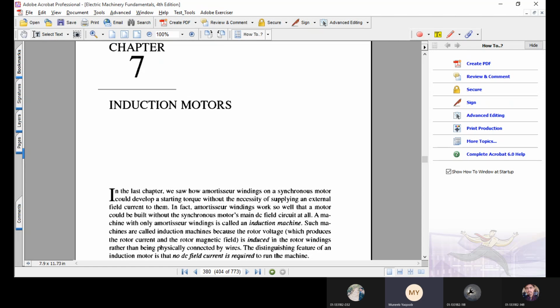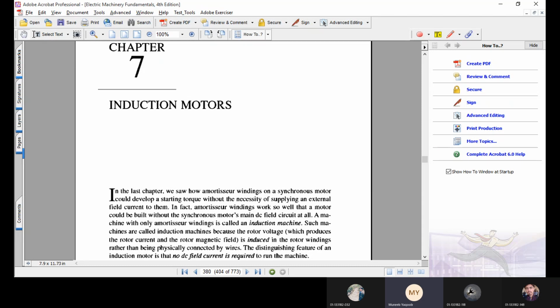Now, this EMF is responsible for the flow of current in the rotor's winding. And since this field current and EMF are provided by means of magnetic induction, these machines are known as induction machines. When a current flows in the rotor circuitry, it produces another magnetic field, represented by Br, the rotor's magnetic field.